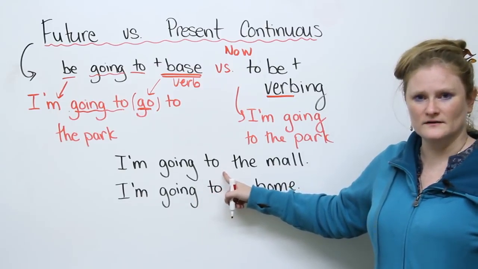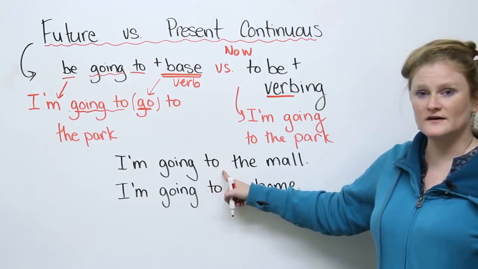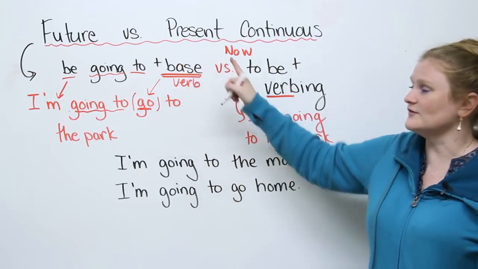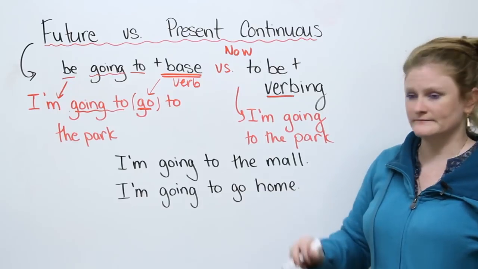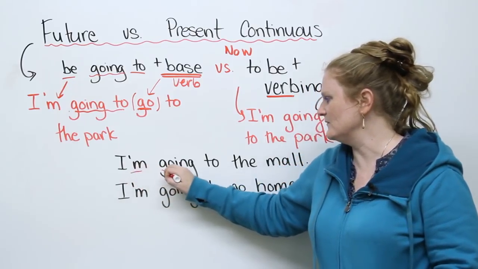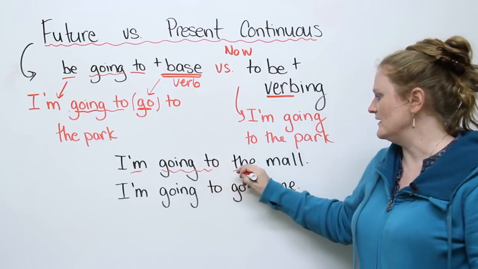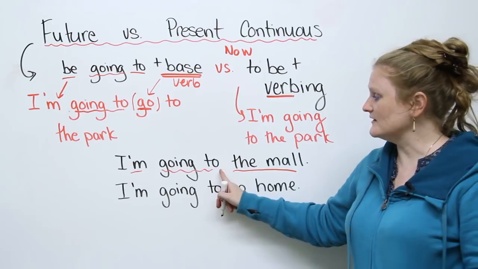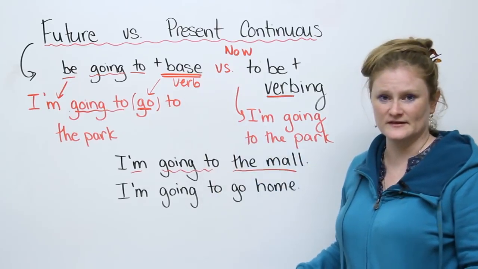I'm going to the mall. What kind of sentence is this? Is this future or is this present continuous? What do you think? We have the to be verb, we have going to, and we have the place. There is no base verb in this sentence.